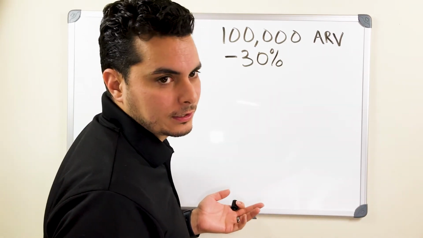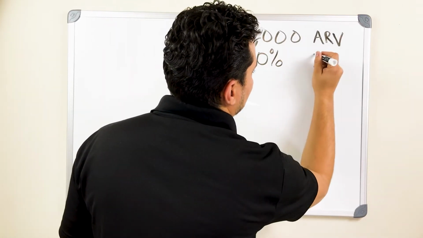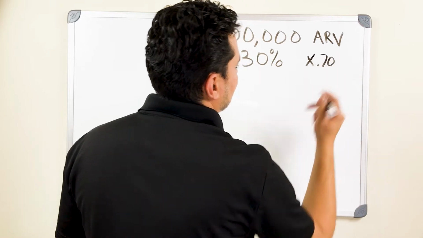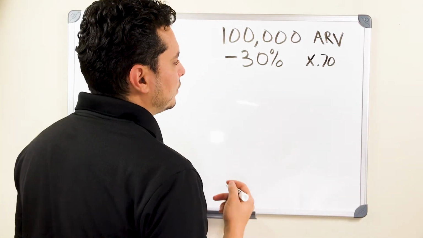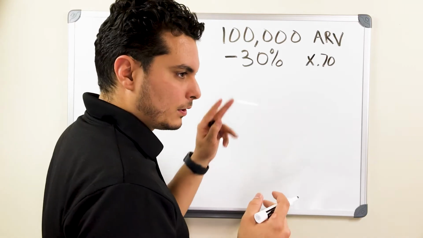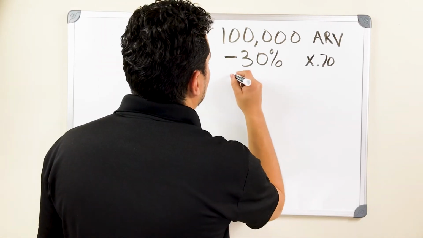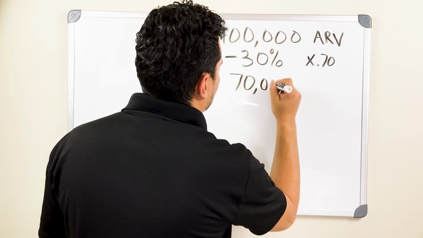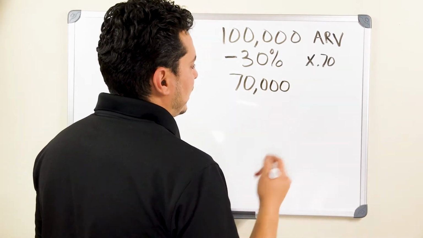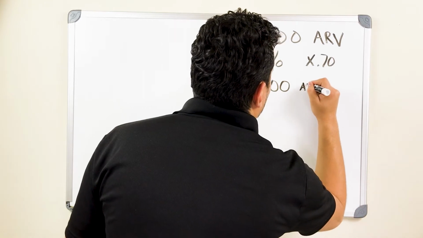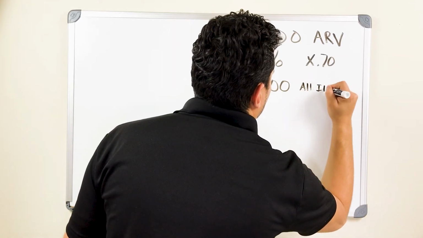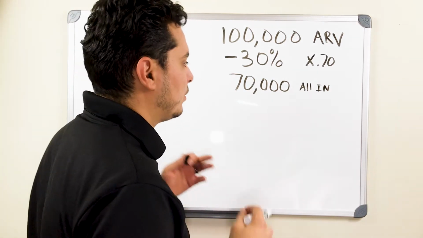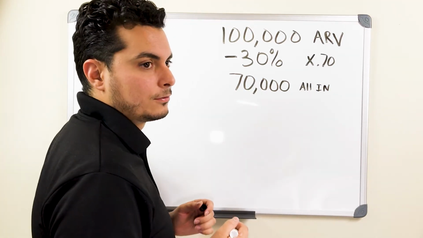The easiest way to calculate this also is you can multiply by 0.70 on your calculator, and it'll give you your all-in number for your investor. So your all-in number is 70,000. This is where your investor has to be in order to be profitable with the flip.